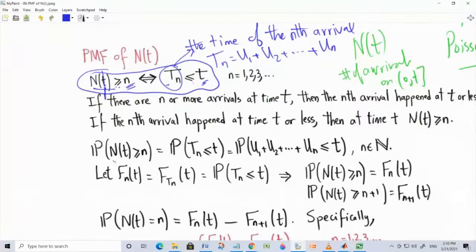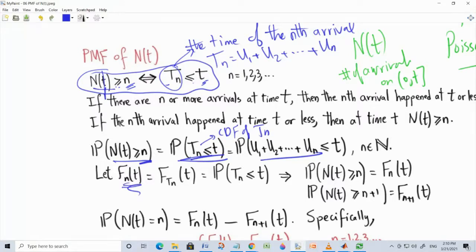So the probability that big N of t is greater than or equal to small n is exactly the probability that the nth arrival time is less than or equal to t, and the nth arrival time is the sum of those n IID interarrival times. Okay, so basically this is the CDF of T sub n, and I will denote it F sub n of t.